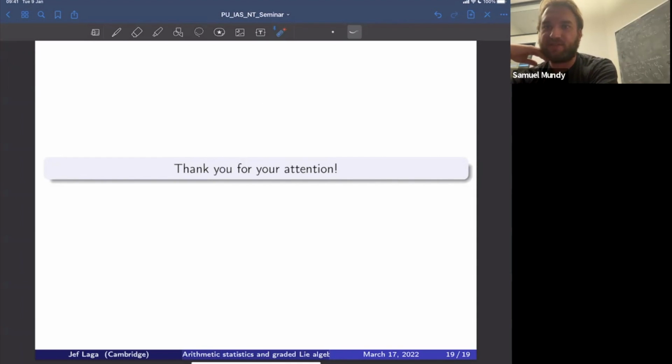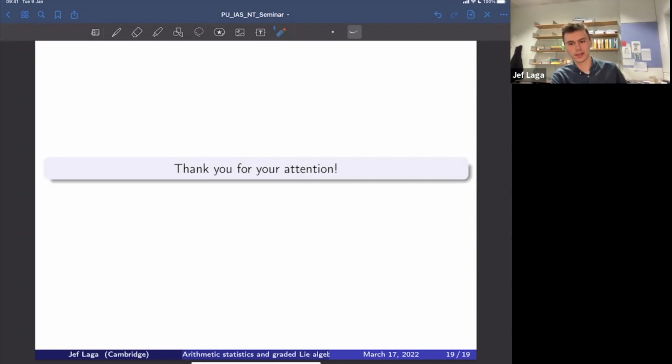There was also a question in the chat. Jinbo asks if your work can establish any special cases of BSD. Yeah, I have no idea. I guess what this is alluding to is that others in the past have established the BSD conjecture for the majority of elliptic curves in some sense.